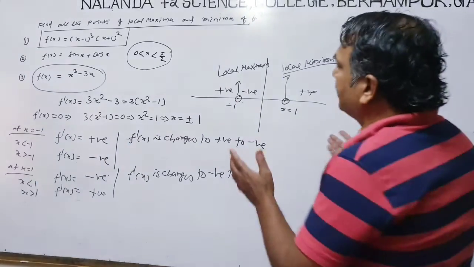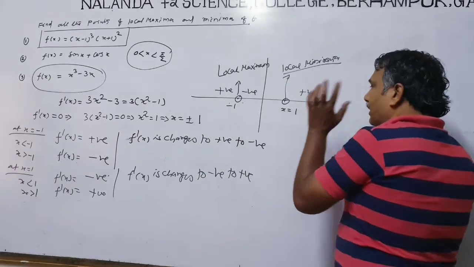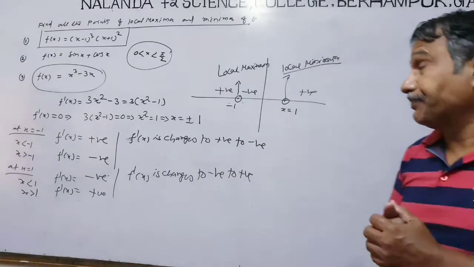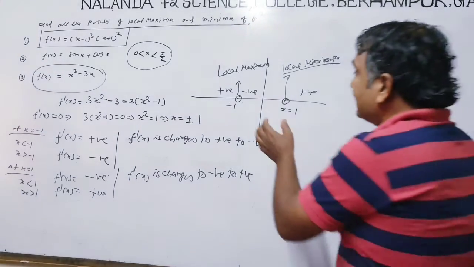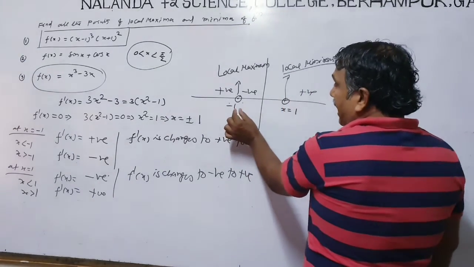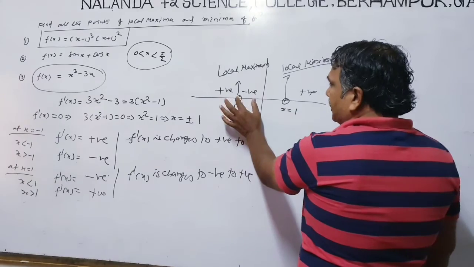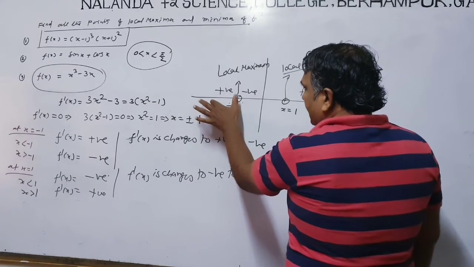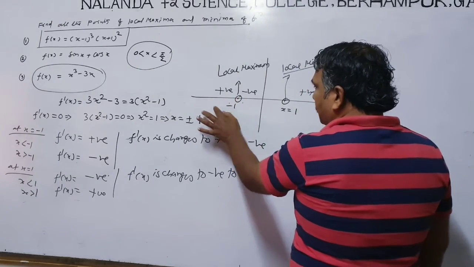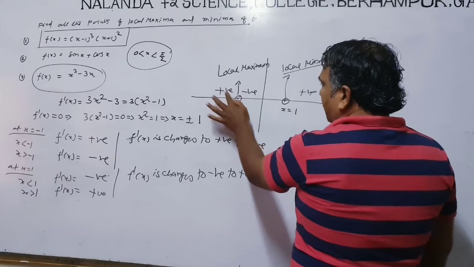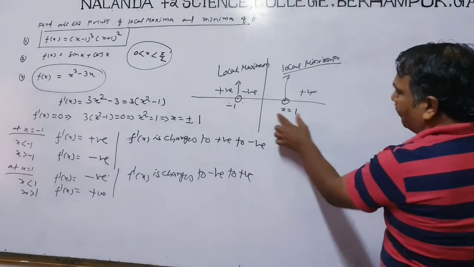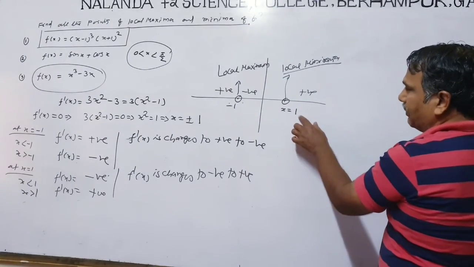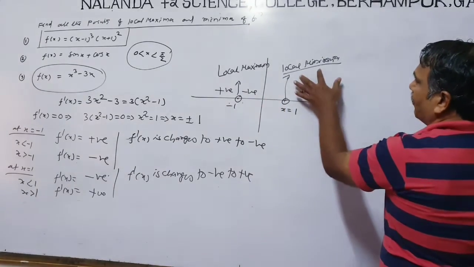Here there are two critical points, minus 1 and 1. Then verify at x equal to minus 1, on the left side of minus 1 and the right side of minus 1. If positive to negative, it is local maxima. For the other critical point, less than 1 and greater than 1, if negative to positive, it is local minima.